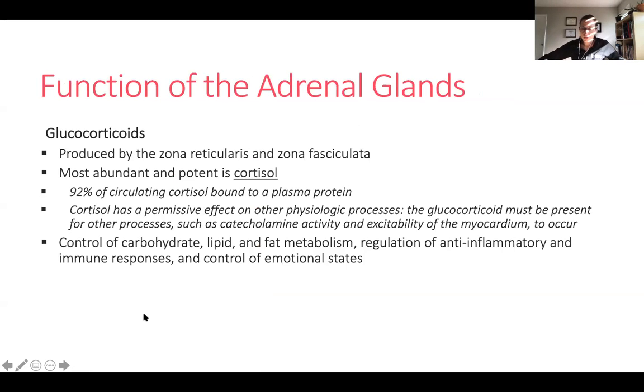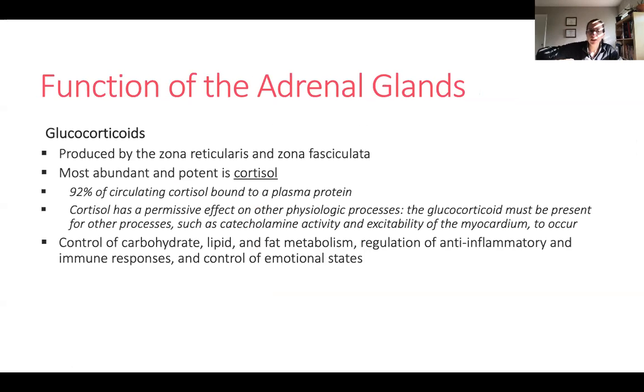So then the glucocorticoids are produced by the zona reticularis and zona fasciculata. The most abundant and potent of these is cortisol. You have probably heard of that before. 92% of it circulating is bound to a plasma protein.